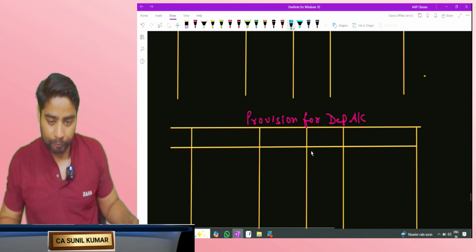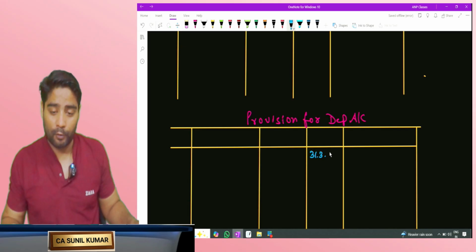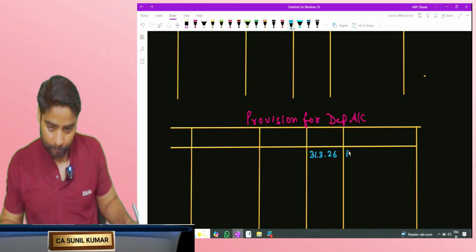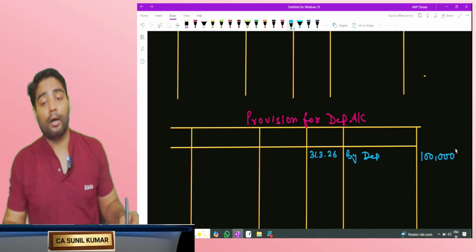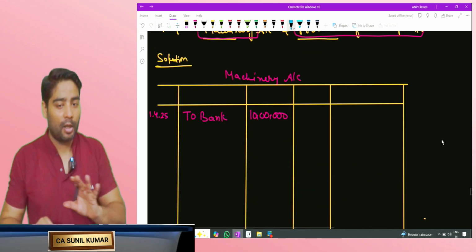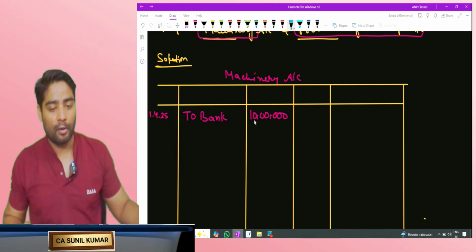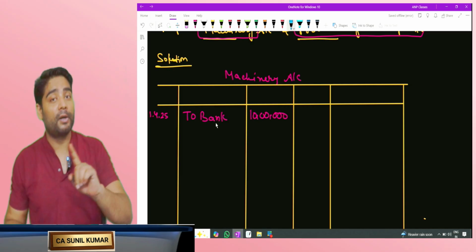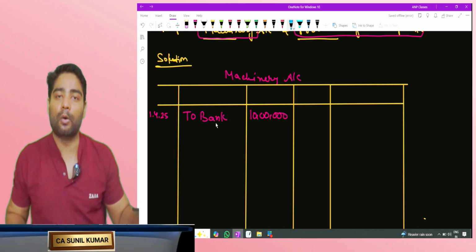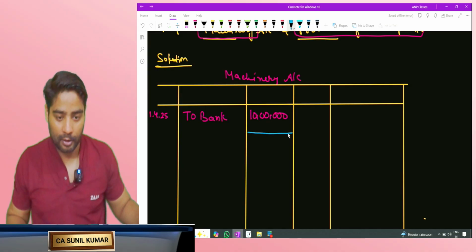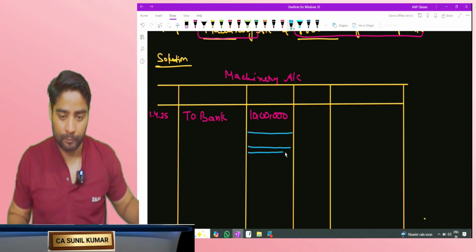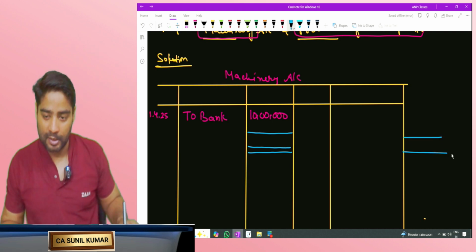So the entry will go in the provision for depreciation account, by depreciation 1 lakh rupees. What will we do for the machinery account? We have no entry for the machinery account. We only debit the machinery account, but we are not crediting it till it is sold. So there will be no entry in the machinery account. And what is the balance carried down?